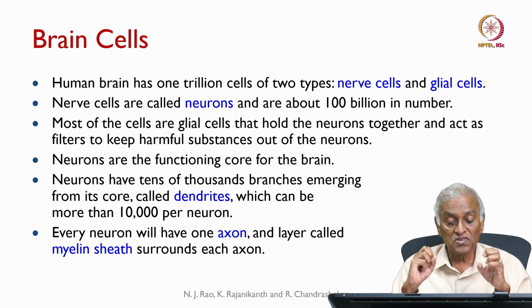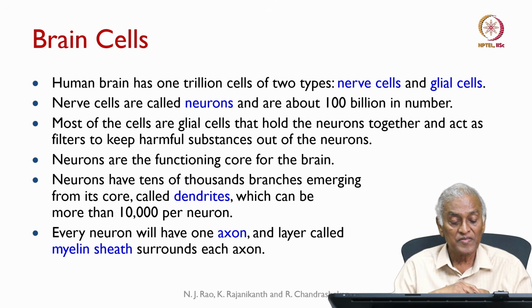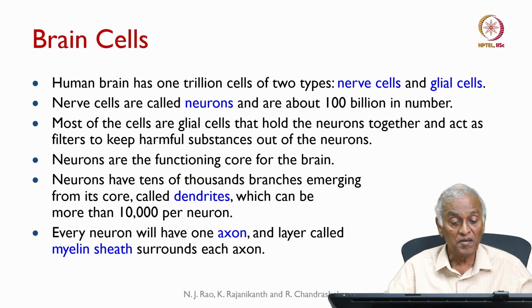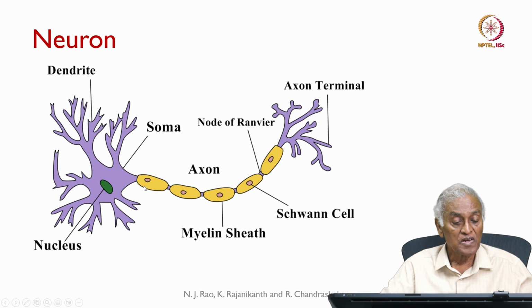Neurons constitute the functioning core of the brain, and every neuron will have one axon and a layer called myelin sheath that surrounds that axon. We'll take a look at a picture. This is a neuron, and it will have up to 10,000 of these dendrites, these projections.